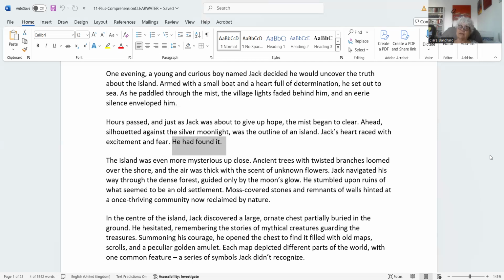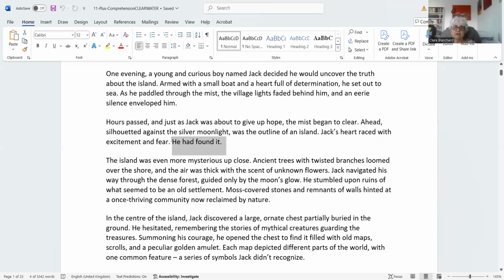Now, of course, you can get passages in one text that are a mixture, but what we've got here is a children's adventure story, so it's natural that the author would be using short, action-based paragraphs, and the description is kept very short and economical. So he's not interrupting the action with lots of description.